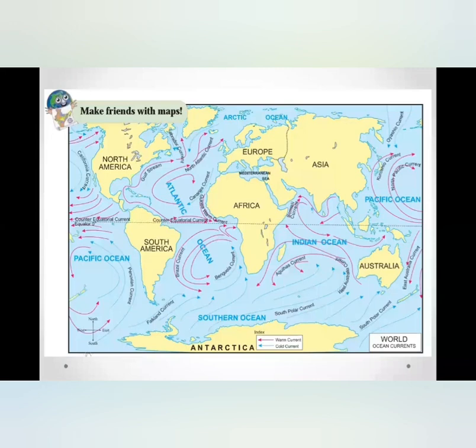I repeat, since wind is mostly created during daytime on land because of the sun's heat, this hot wind goes into the sea, and that going of hot wind into the sea is done during night time.